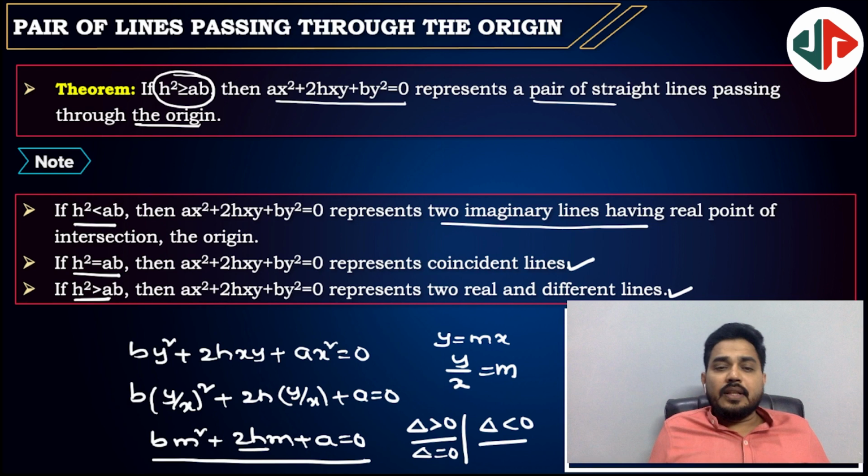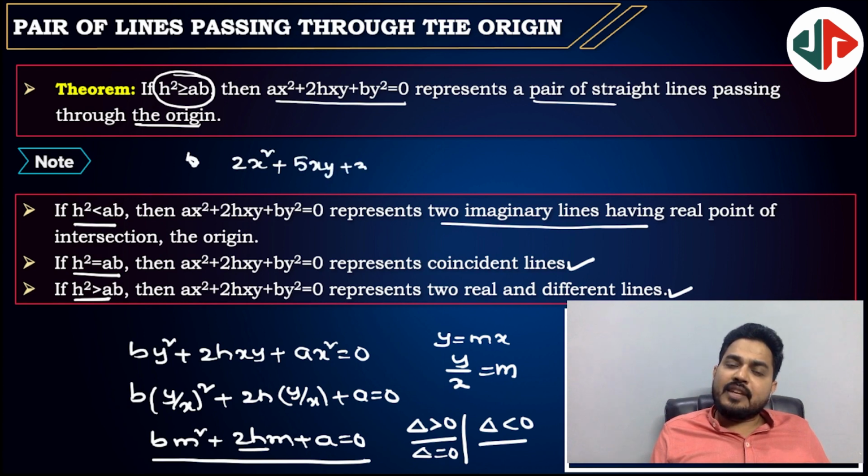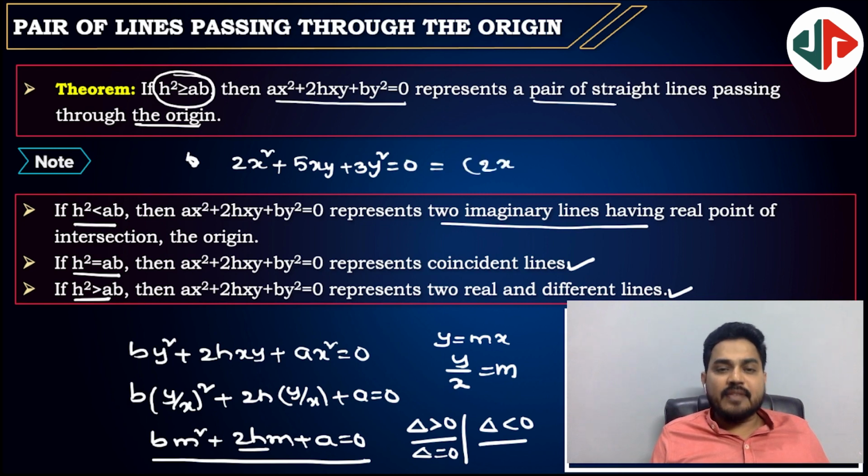Okay, so for example, you have the equation 2x square plus 5xy plus 3y square. How can you write this one? Simply you can write it as 2x plus 3y into x plus y.